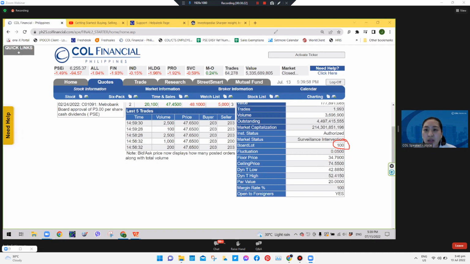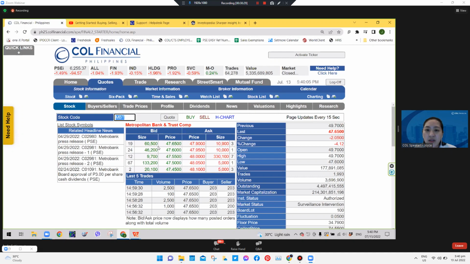So actually, the minimum amount of money to buy Metrobank is 100 times, let's say, 47 pesos and 65 cents. That's roughly around 4,765 pesos. That is the lowest amount that you need to buy Metrobank.